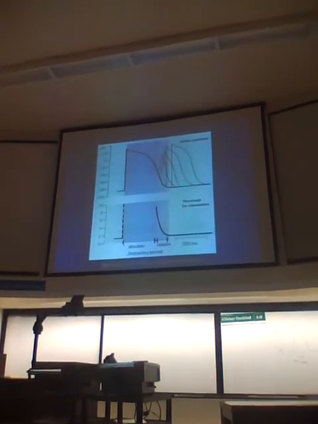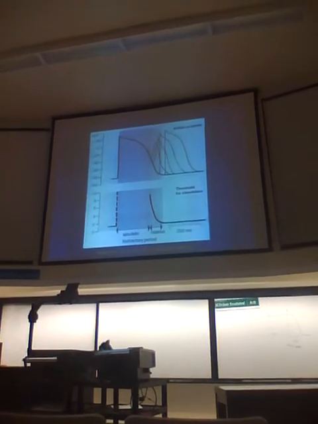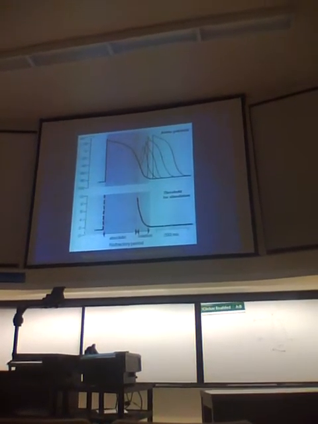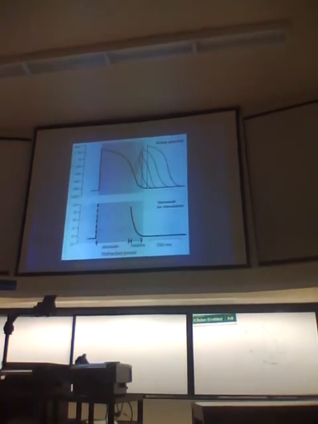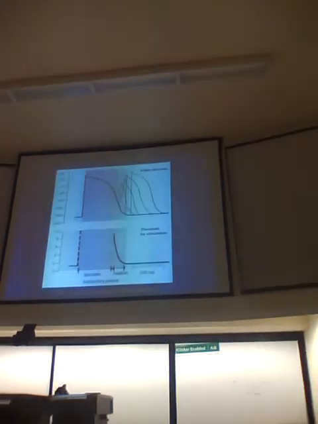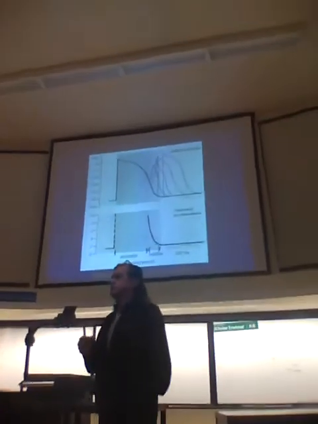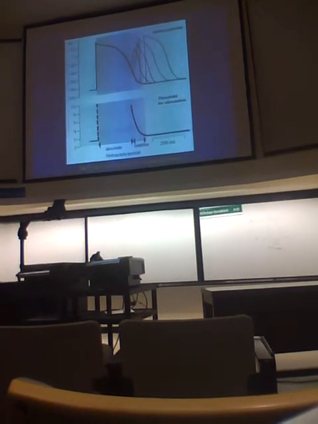And the absolute refractory period in cardiac muscle lasts not a fraction of a millisecond as it does in nerve, but at least 200 milliseconds. Why is that? The sodium channels that cardiac myocytes express are very similar to the sodium channels expressed in nerve.